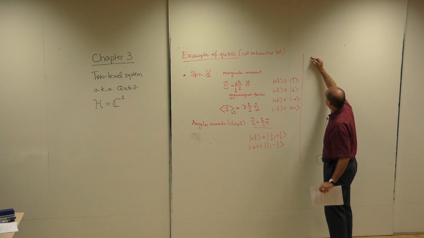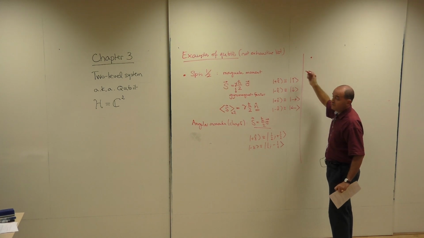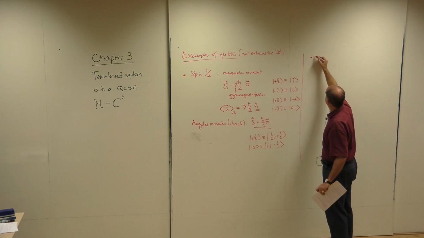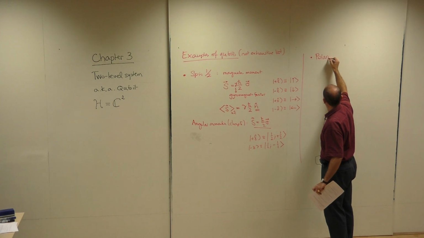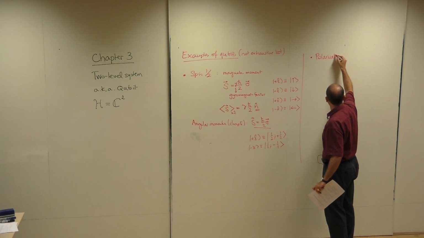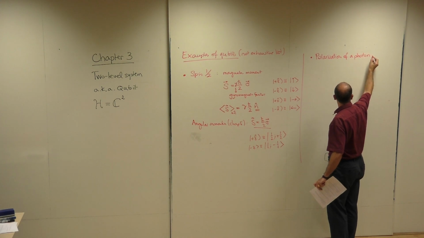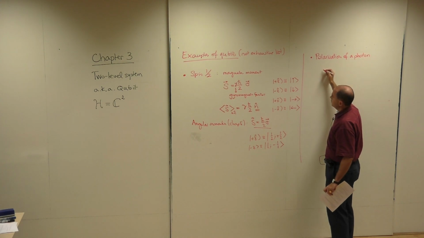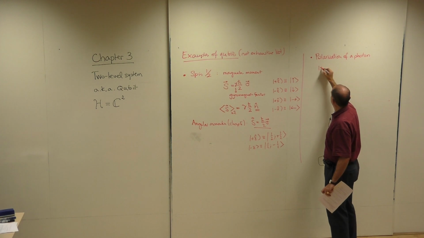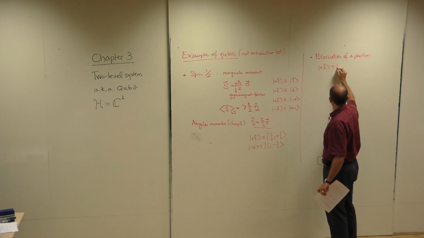Now, the other famous example of spin half, of a qubit, is the polarization of a photon, or more precisely of an optical mode. This is the one of quantum optics. So you remember that here, what we call plus z is usually written horizontal. What we call minus z is usually written vertical.